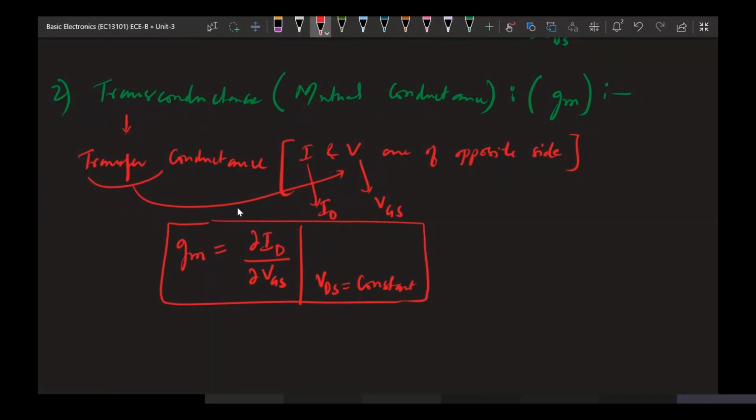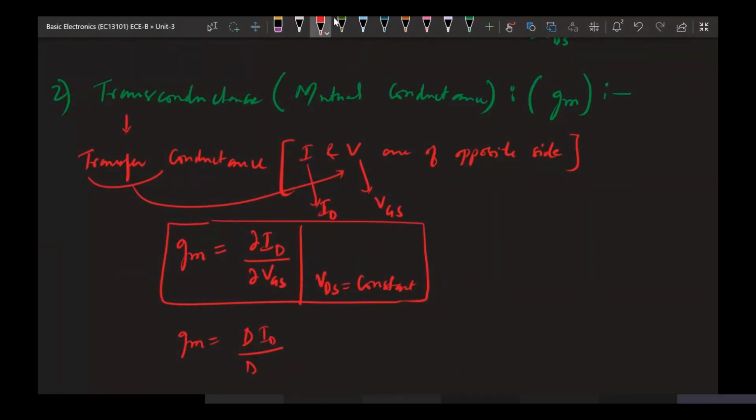So this is your transconductance parameter.